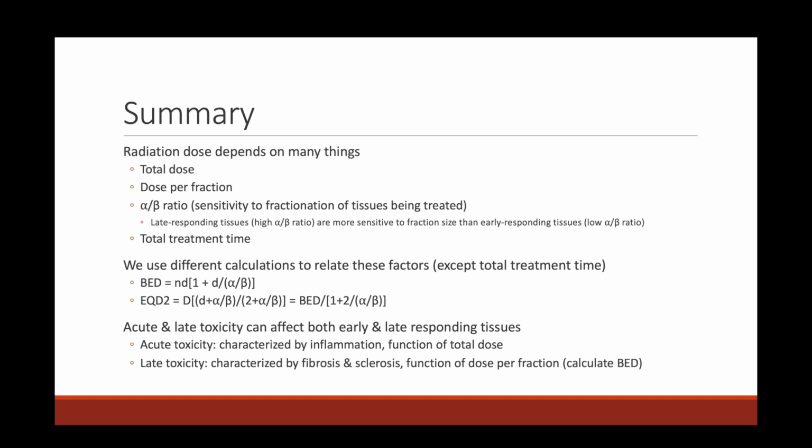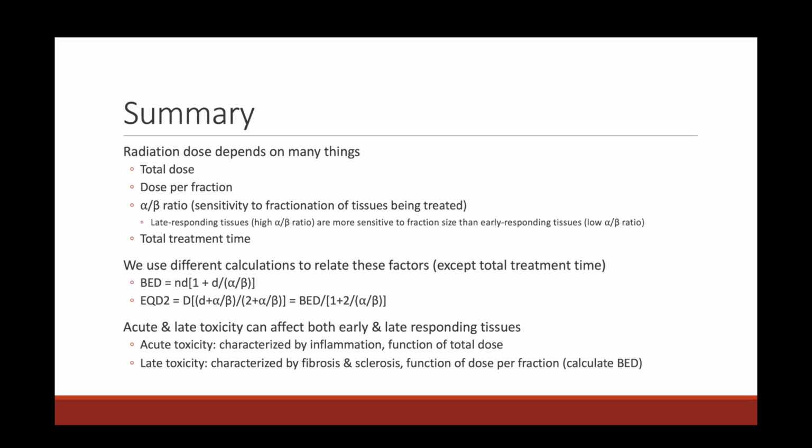And then finally, early responding versus late responding tissues are not to be confused with acute toxicity versus late toxicity. Keep in mind that acute and late toxicity can affect both types of tissues. Acute toxicity is characterized by acute inflammation, which makes sense, and it is a function of the total dose that we're giving.